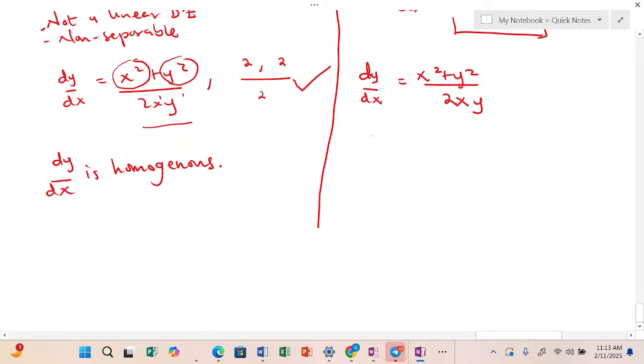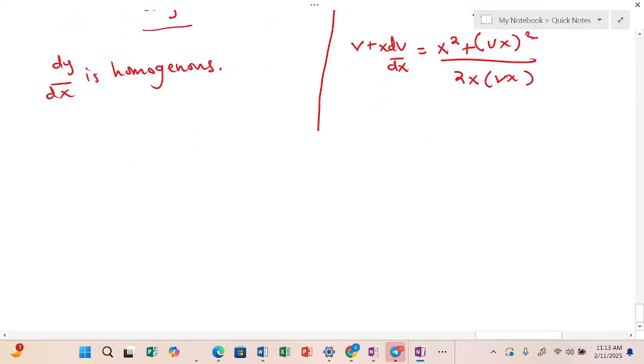In place of dy/dx, we put v plus x dv/dx, and that should be equal to x squared, and in place of y, we put (vx) squared over 2x, and in place of y, we put vx. That's a simple substitution right there.